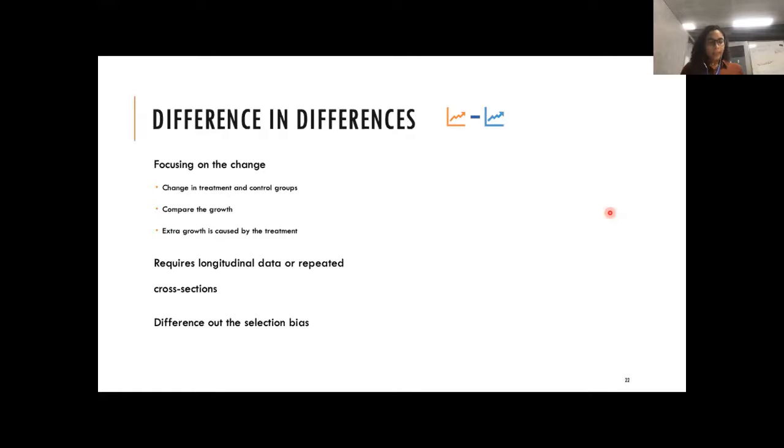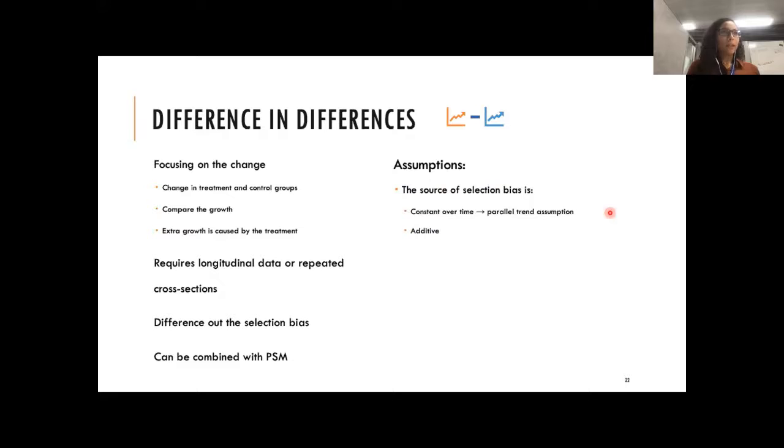So the trick here is that we take out the selection bias just by calculating the difference. This is a method that can be combined with the previous one, propensity score matching. And there are two assumptions about the selection bias.